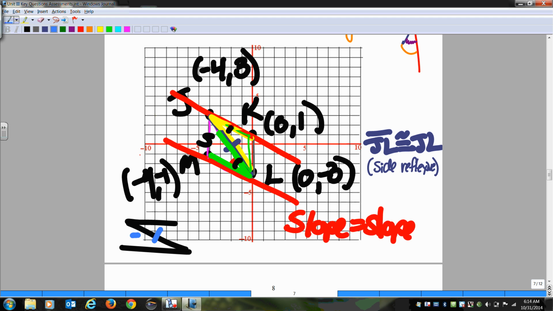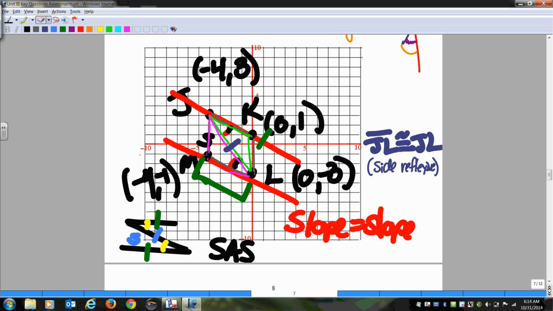So you have a side in the middle, then a pair of angles, and then you can show using distance, find the length using distance, and that would give you another pair of sides. So you could do this by side, angle, side. But it's important that you realize there's more than one way to do this.